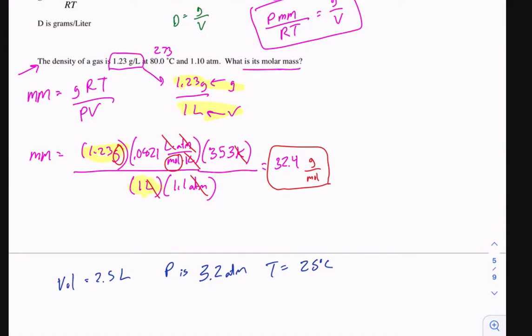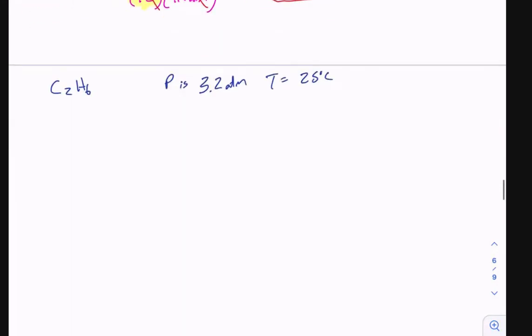Actually, take that back. Let's ignore the volume. I want you to find density, so you're not going to need the volume. So the gas is what we call ethane. Find the density.